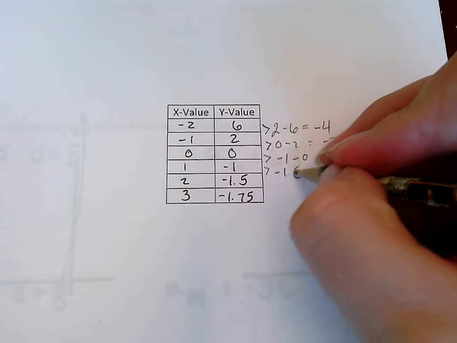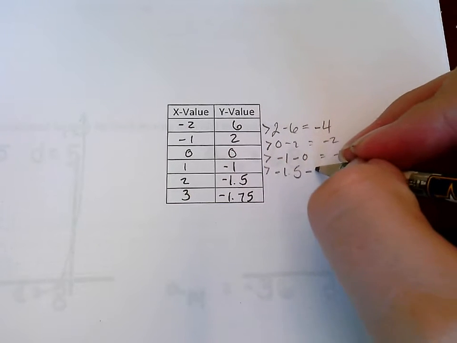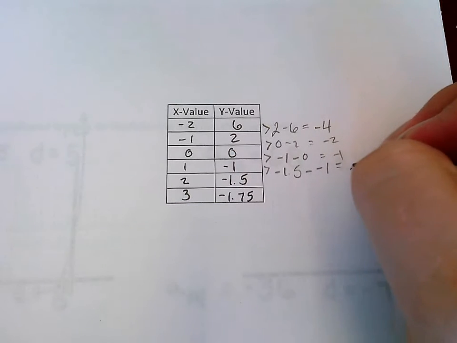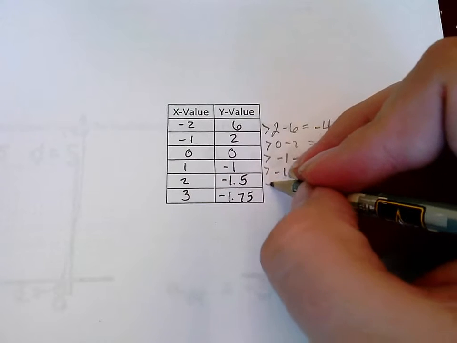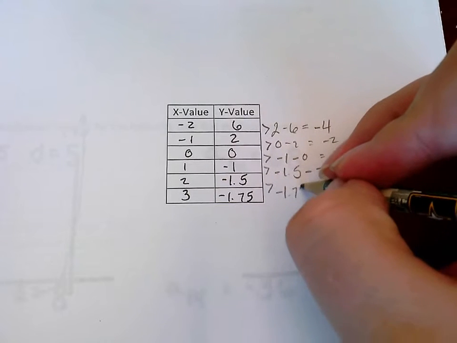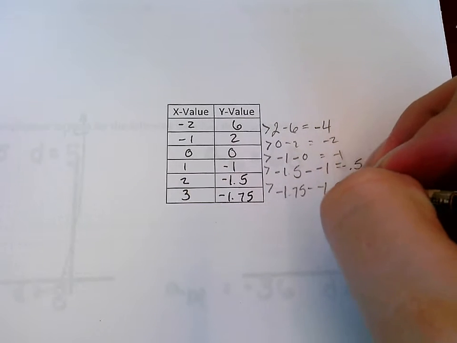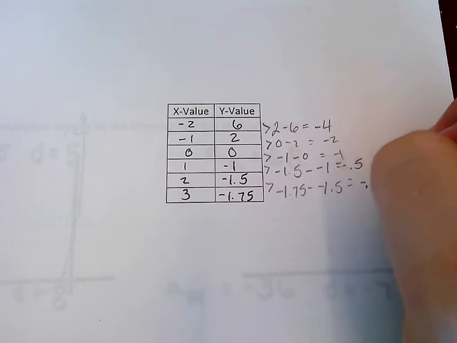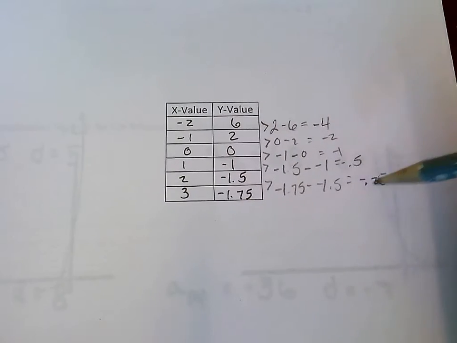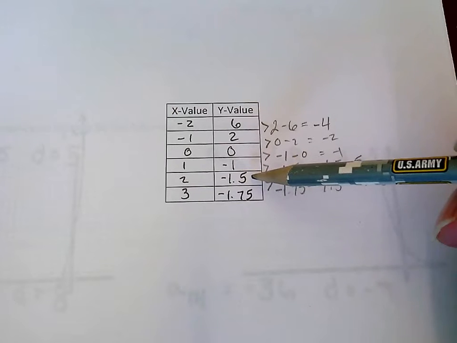Negative 1.5 minus a negative 1 gives me negative 0.5. And then negative 1.75 minus negative 1.5 gives me negative 0.25. Okay, so these are all the differences between these numbers.